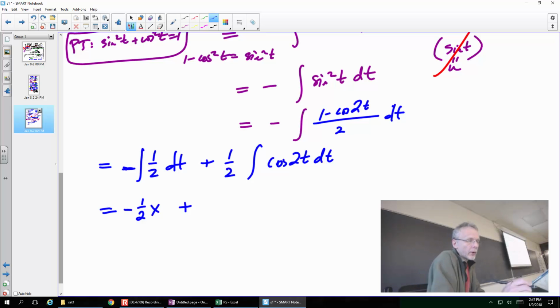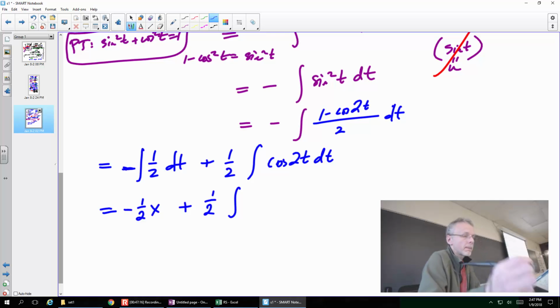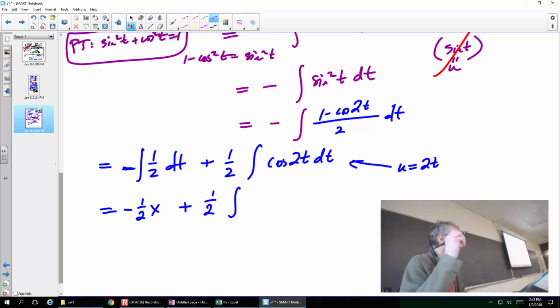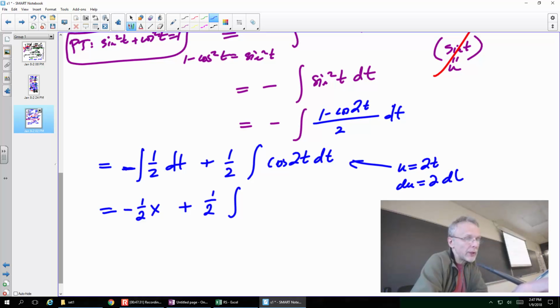Now, what do we do with cosine, though? Cosine 2t, how do we evaluate it? That's right. So this one is an easy substitution, and that one works out every time. So u is 2t, then du is equal to 2 dt.